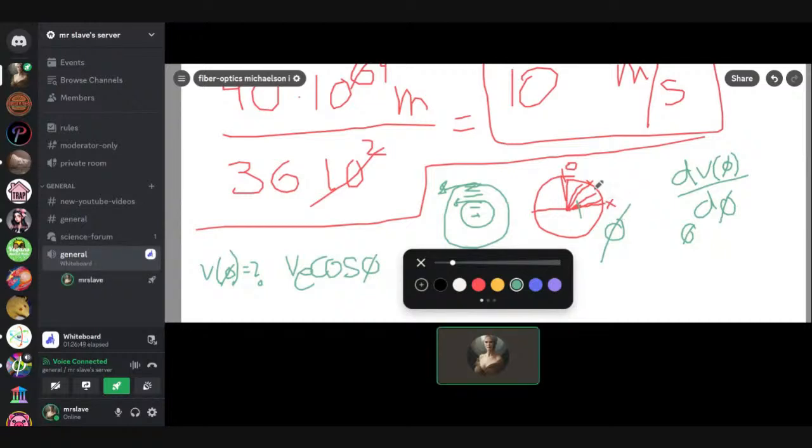It's basically the projection to the bottom. That's the cosine of the angle. The cosine is this over this, but it's always the same.